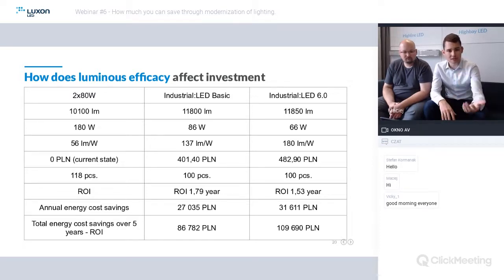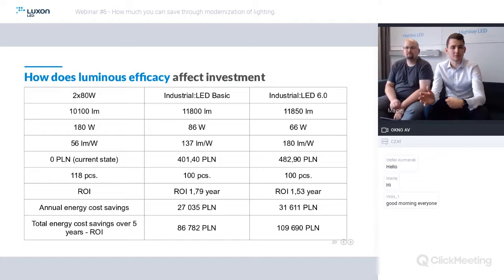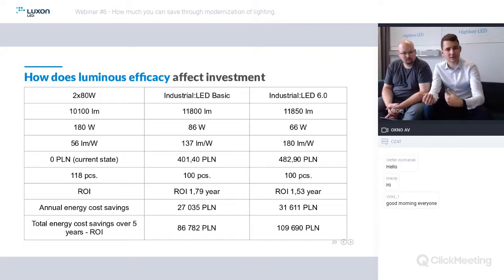So we always suggest to clients that as long as they have a warranty for the lighting system, they should finish using it within the warranty, finish the returns on investment to capitalize on these investments. And after the warranty finishes, then we can start this installation anew.